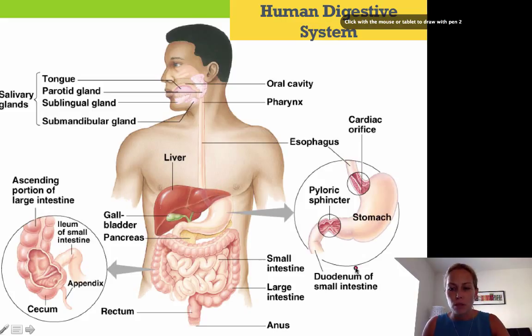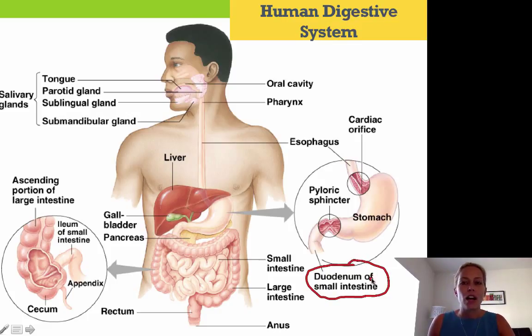It is called the duodenum. The duodenum is where the majority of digestion takes place. The majority of digestion does not take place in the stomach. In fact, the only nutrient that is digested in the stomach is protein with the help of pepsin.